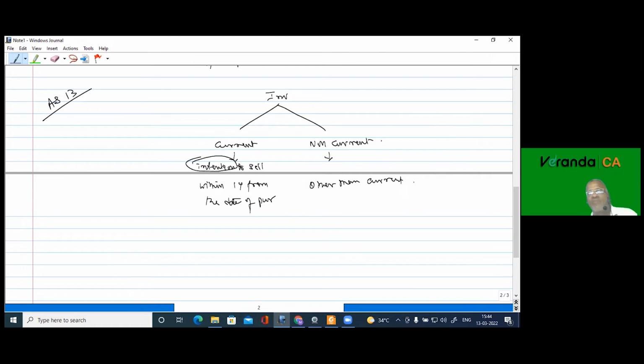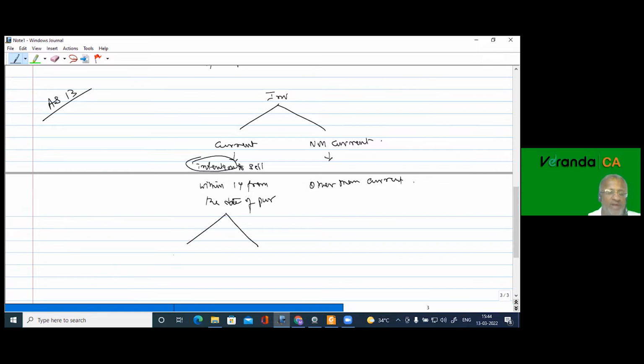It is not that after one year of purchase you decide whether it is current or non-current. Upon purchase itself, you can do that. Current investments are to be valued at cost or fair value on the reporting date, whichever is lower. In the case of non-current investments, it is generally at cost.